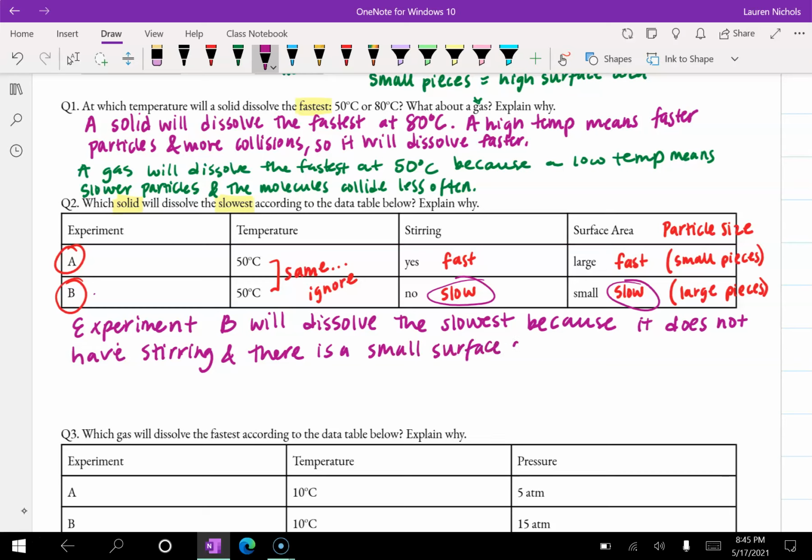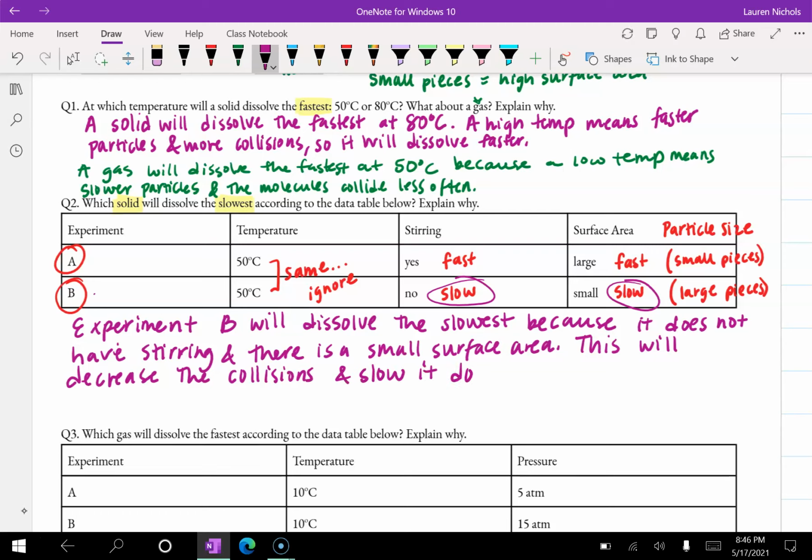Now, this is an excellent answer, but I did not include information about the collisions in this sentence. So in order to get full credit, I need to write one more sentence that says this will decrease the collisions and slow it down.